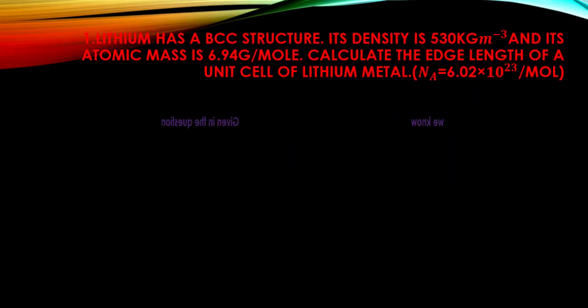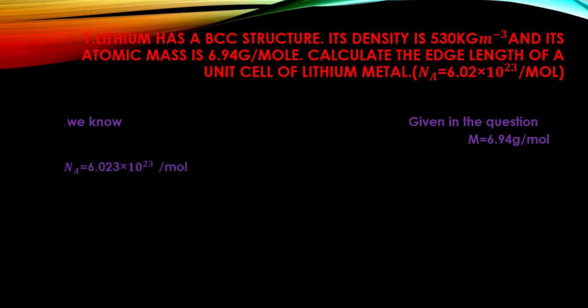Now, given in the question, M, that is the mass of lithium, is 6.94 gram per mole, and Avogadro's number Na is equal to 6.023 into 10 to the power 23 per mole.